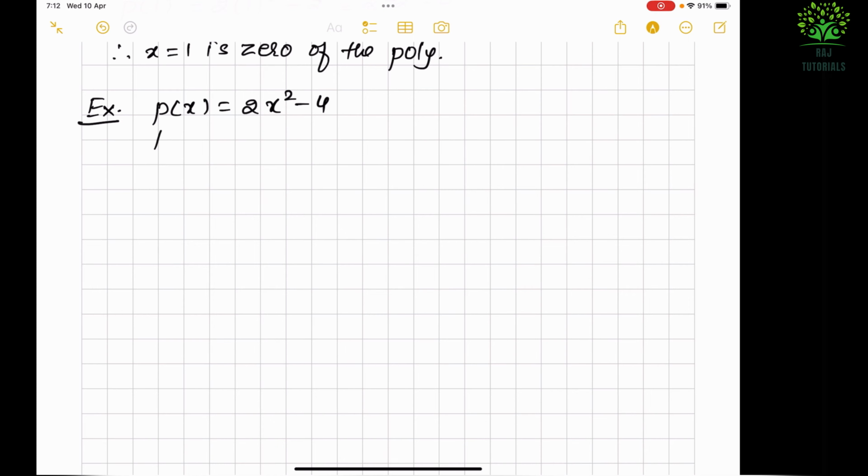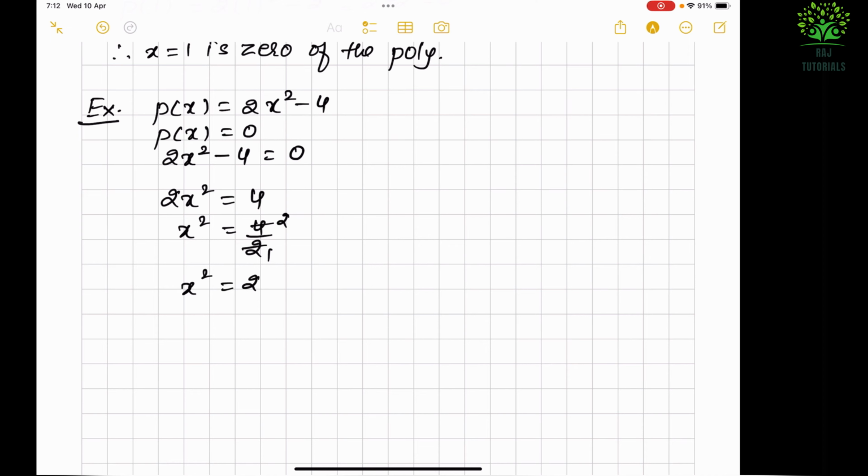We know that if it is a zero, p of x should be 0. So directly I put p of x equal to 0. So 2x square minus 4 equals 0. So 2x square will be equal to 4. X square will be equal to 4 by 2, so I can say x square will be equal to 2. Taking square root on both sides, I can say x can be root 2 or x can be minus root 2.